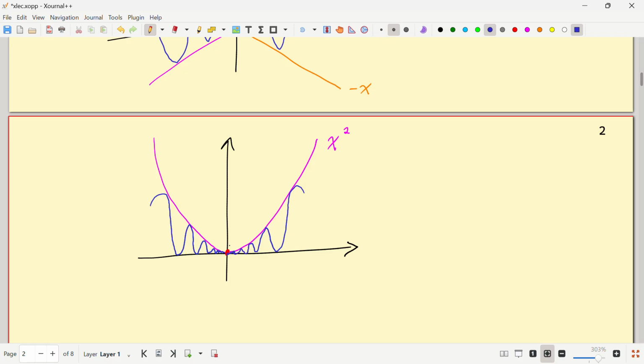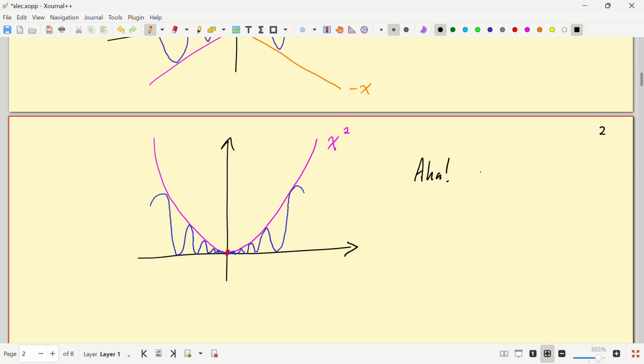Looks like that. And notice that has infinitely many minimums. The min is attained infinitely many times. So I've shown you now an example.